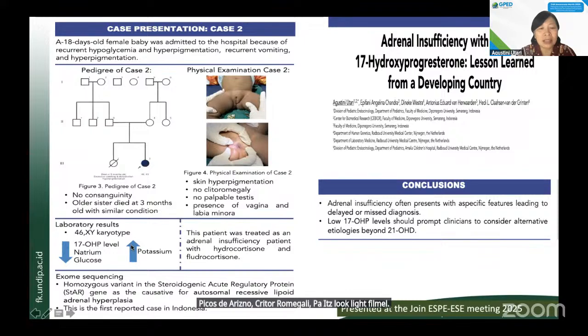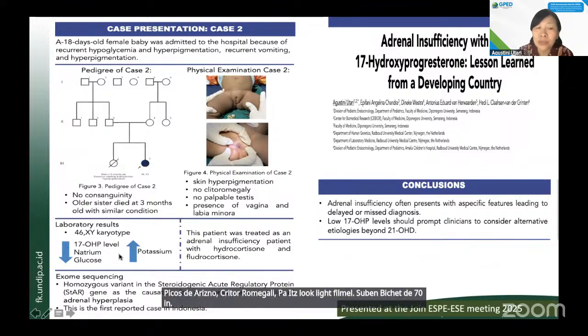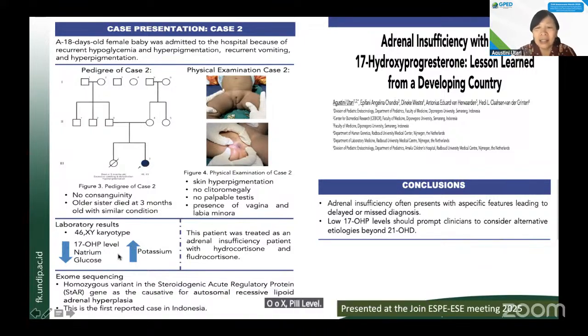So when we checked the 17-OHP level, it was low, and the sodium level was low, and the glucose also low, but the potassium was high. So this patient looked like an adrenal insufficiency condition, but not 21-hydroxylase deficiency.